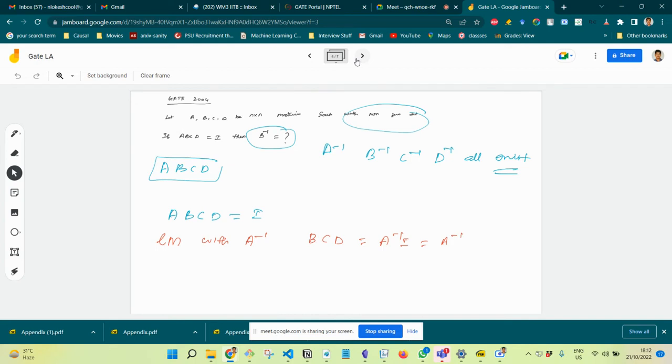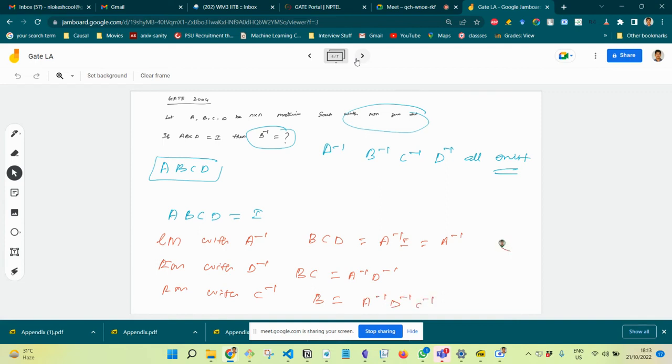Now I should right multiply with D inverse. Then you'll get BC equals A inverse D inverse. At last you should right multiply with C inverse. When you do that, you get B equals A inverse D inverse C inverse.